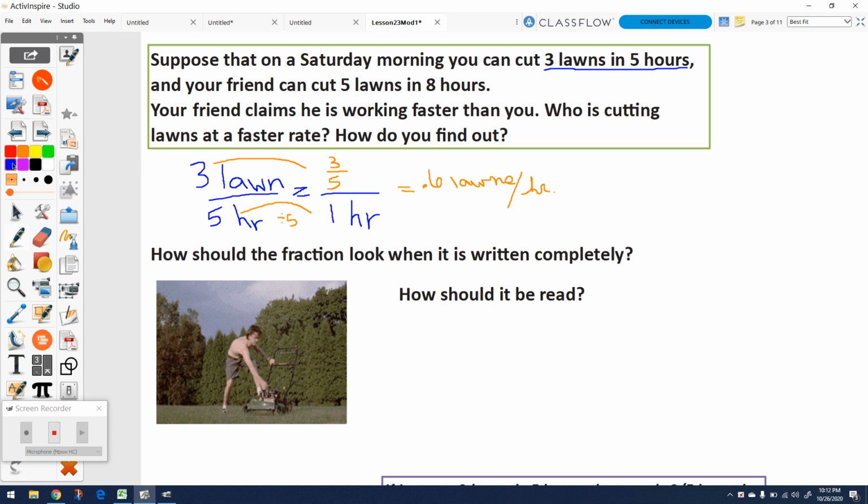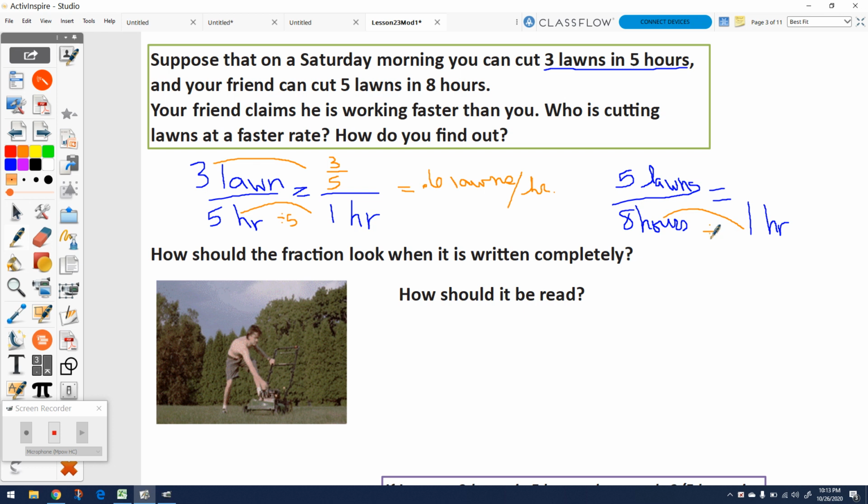Now let's go back and do our friend. Our friend thinks they're going to do 5 lawns in 8 hours. So 5 lawns, 8 hours. Again, let's get it to a unit rate. So we need a 1 on the bottom. How do I get from 8 to 1? We divided by 8.